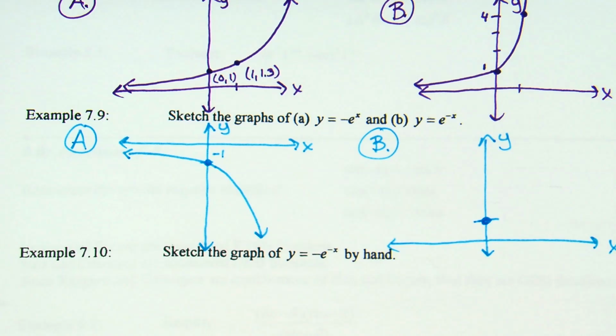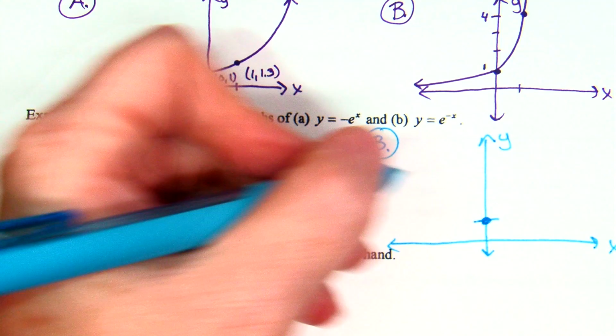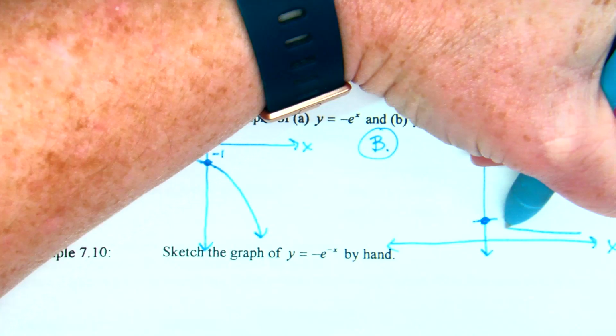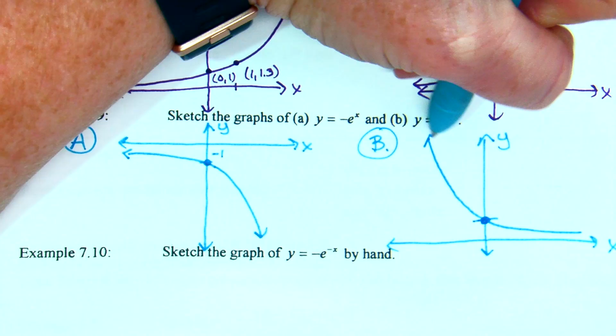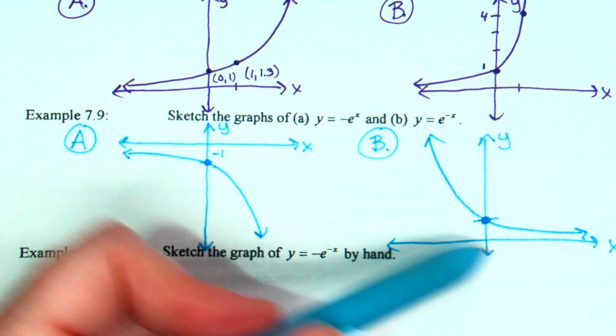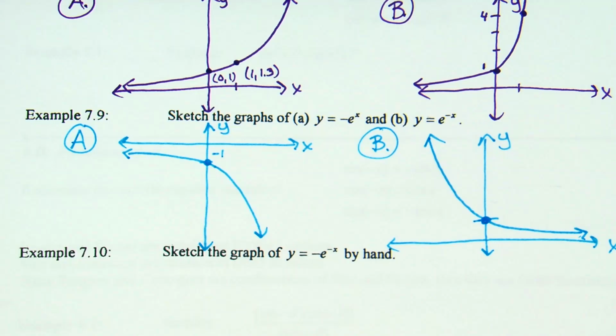Instead of starting at the left and increasing to the right, now it's going to do just the opposite. This time, it's high on the left, low on the right. And this isn't even just about exponential graphs, folks. This is about how we reflect graphs in general. Being able to look at a graph. We talked the other day about those 12 graphs from last year.